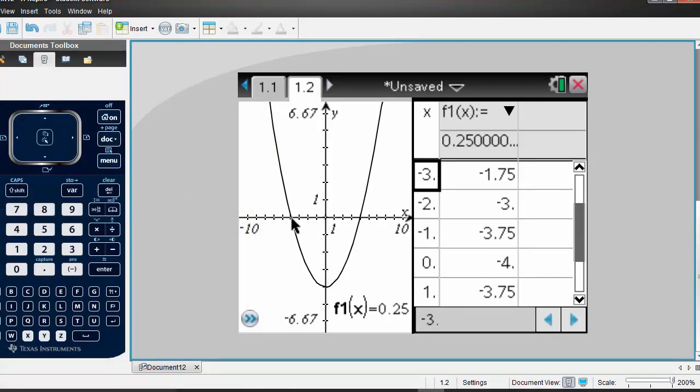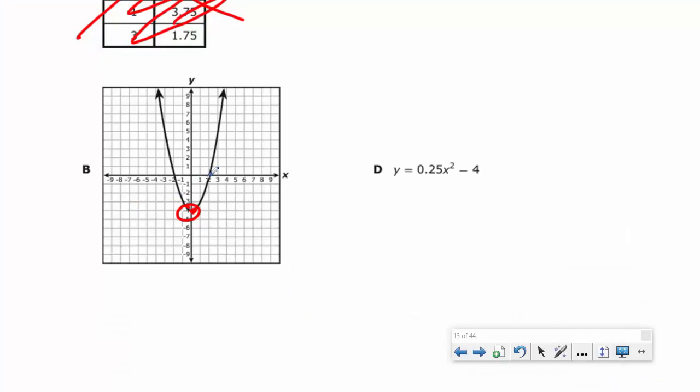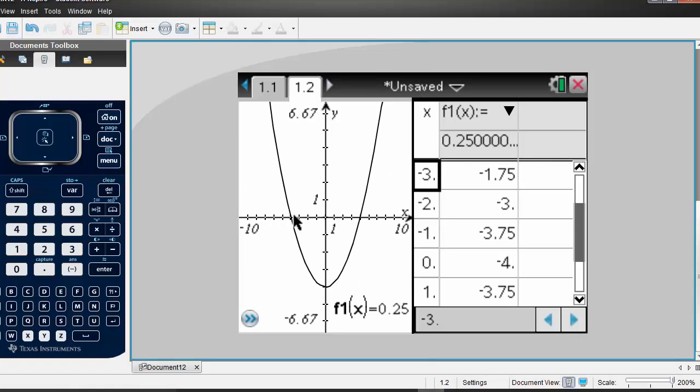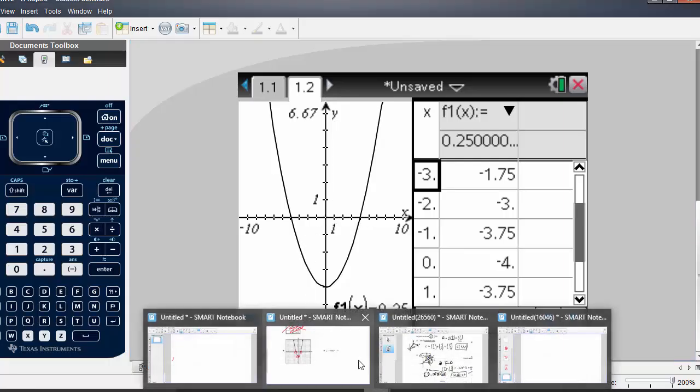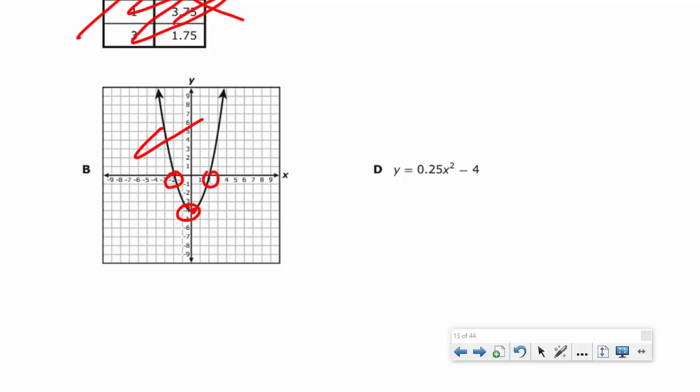My graph has x-intercepts right here at -4 and this one at +4. Does theirs do that? No, theirs crosses at -2 and +2, not at -4 and +4. So this isn't the same. So this answer is also wrong.